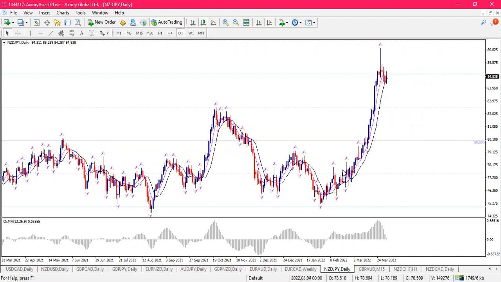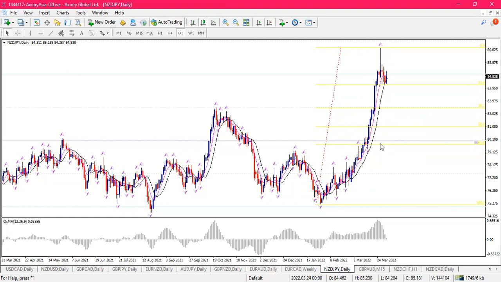And when you look at it this way, this nice up move, if you draw your Fibonacci on this, you would notice that this area is also a nice area for Fib retracement, which is 61.8. So if we draw it right here, the recent low to high, you can see that the 80 region is also around where the 61.8 is, right inside here.